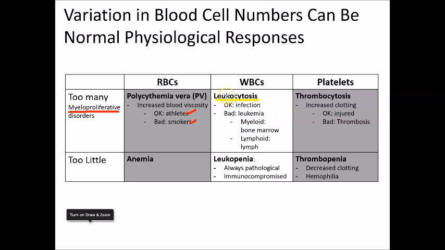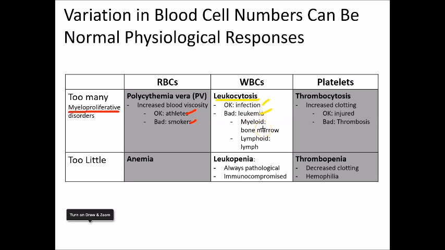So leuko, again, white. Cytosis means excessive number of cells, basically. It's okay if you have an infection. As a matter of fact, a normal response to infection is to make more white cells. That's good because your body's going to be able to fight that infection off. But an abnormal response, a bad response, would be leukemia.